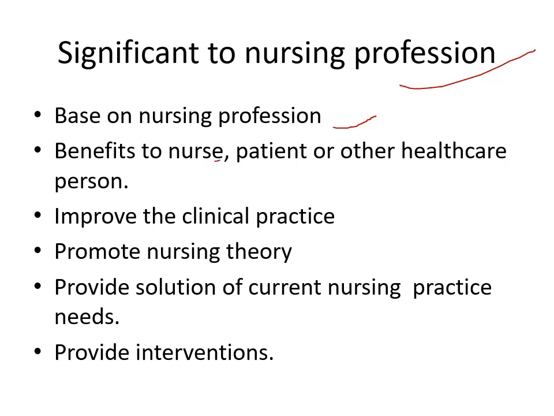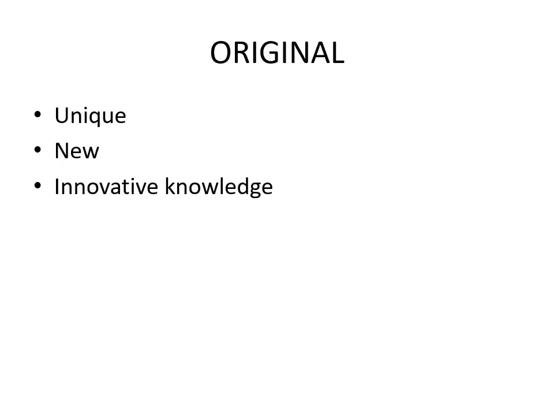So it should benefit the nurses, patients, or other healthcare persons, and it should improve clinical practice and nursing theory. You can also provide interventions through your research study. Then originality: whenever you are conducting research, it should be very unique, very new, and you should use your innovative knowledge.